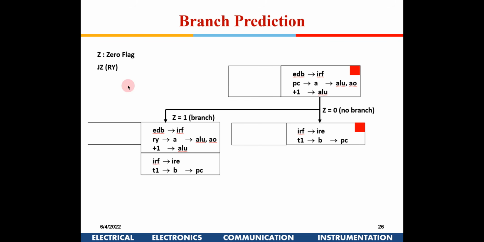So in case the probability of z not being 0 is high, that means z is not being flagged. In that case, we write the program separately out here, where we are loading the AO with the normal PC count, and in case 0 is encountered, then you update it here, right? So it all depends. The probability of stalling in this particular case will be lesser, because you are expecting that in most cases it will not be 0.